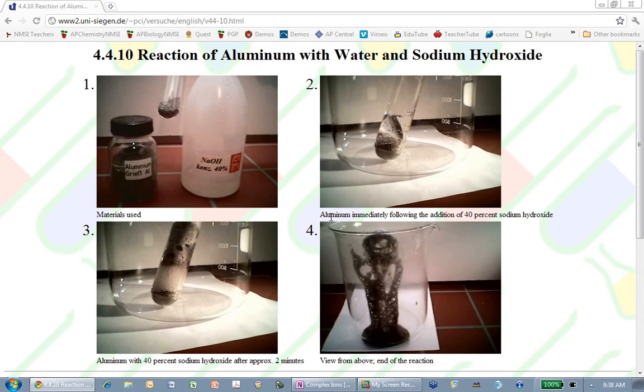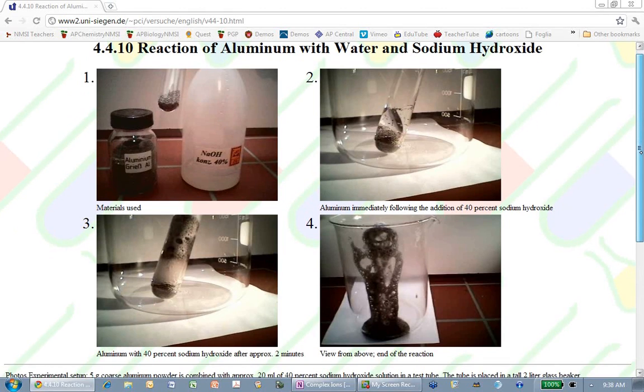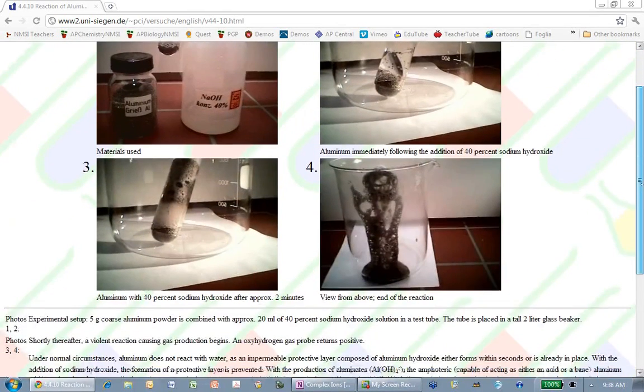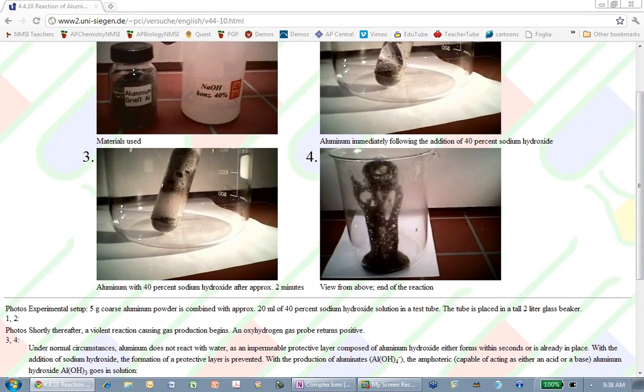So then they've got a picture of aluminum immediately following the addition of the 40% sodium hydroxide. Not so exciting looking. They've put it down inside this beaker because this is going to be a very ugly reaction. And I mean ugly in a physical sense and ugly in a chemical sense. So after a while, about 2 minutes, they say, here's some bubbling that starts to happen. So you can see that a reaction is definitely taking place.